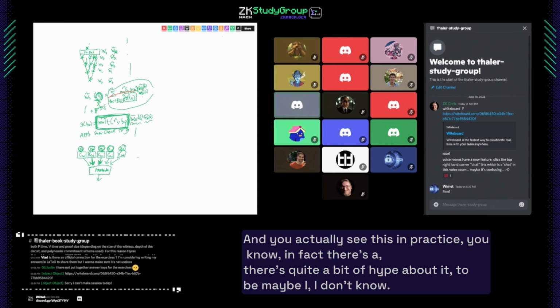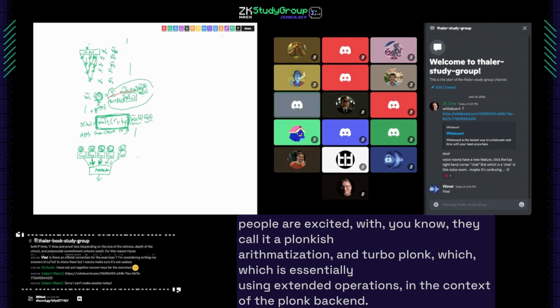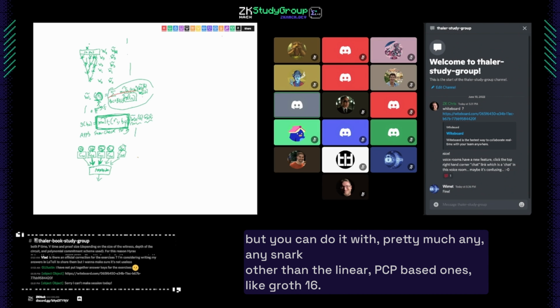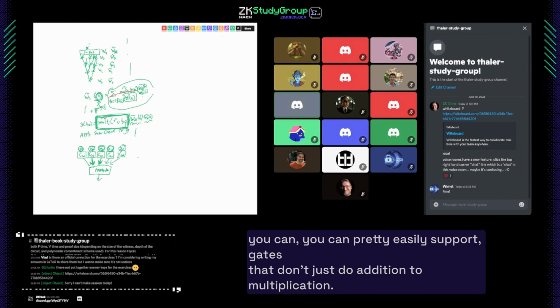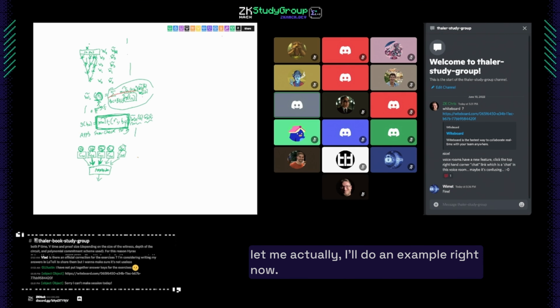People call it Plonkish arithmetization, TurboPlonk, which is essentially using extended operations in the context of the Plonk backend. But you can do it with pretty much any SNARK other than the linear PCP based ones like Groth16. You can pretty easily support gates that don't just do addition and multiplication.